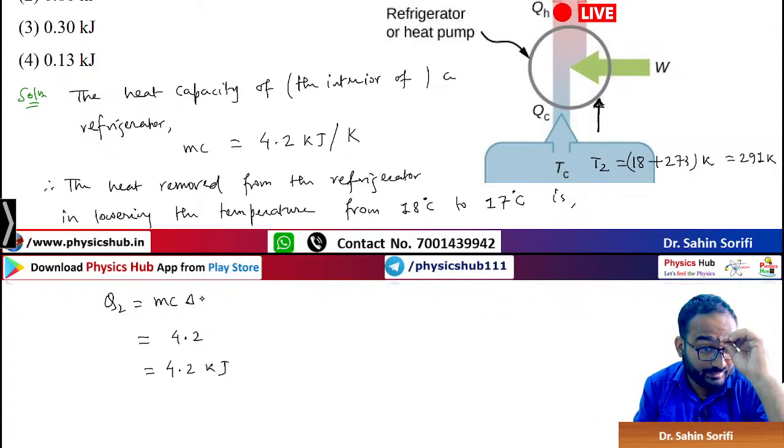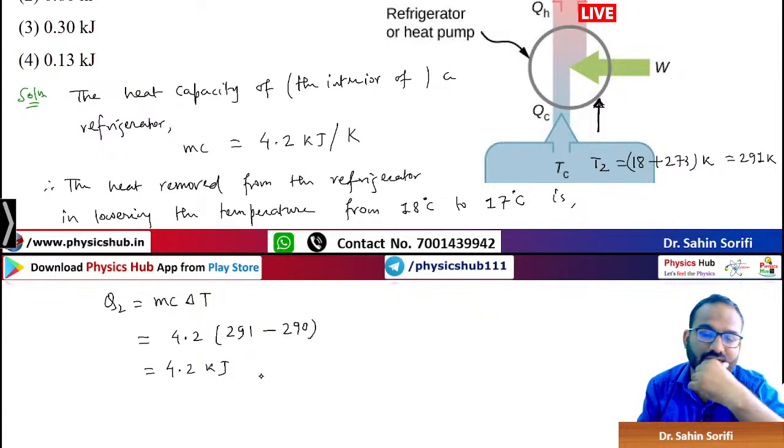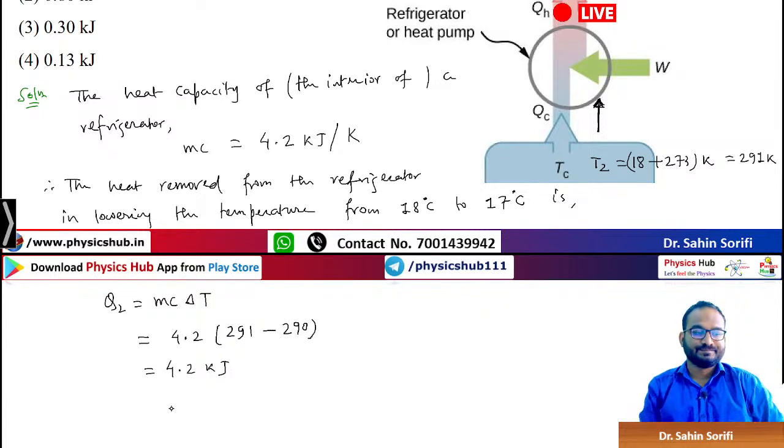And you know, a change of 1 degree centigrade is also a change of 1 Kelvin. So that is also okay. If you convert 18 degree centigrade to 291 Kelvin and 17 degree centigrade to 290 Kelvin and write it in this way, then also it is okay. In this way also you are getting the same result.